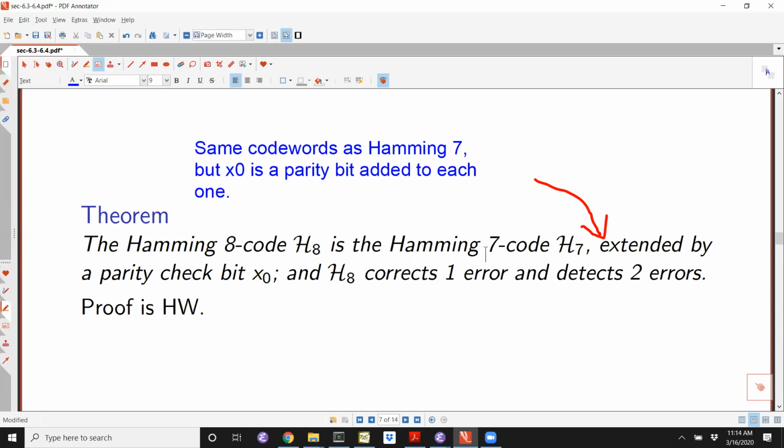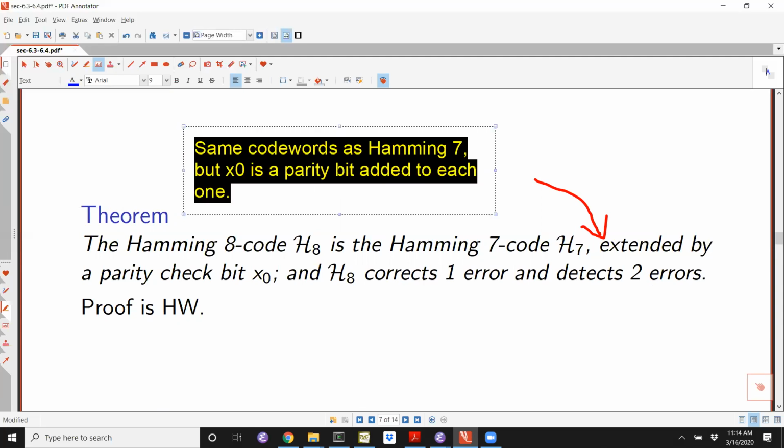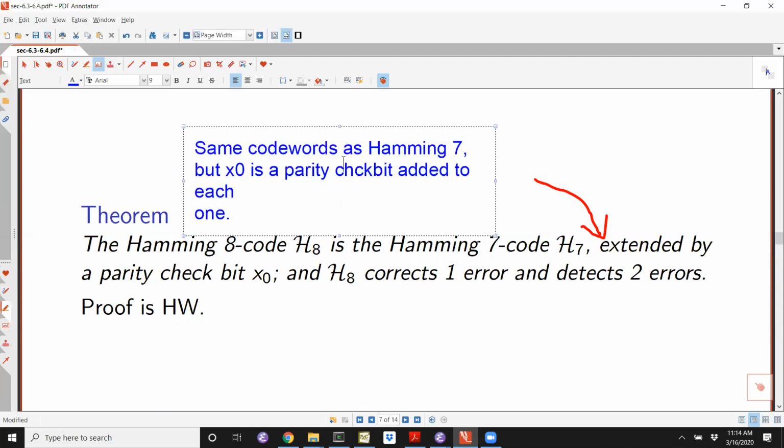So that's what I mean by extended by a parity check bit.